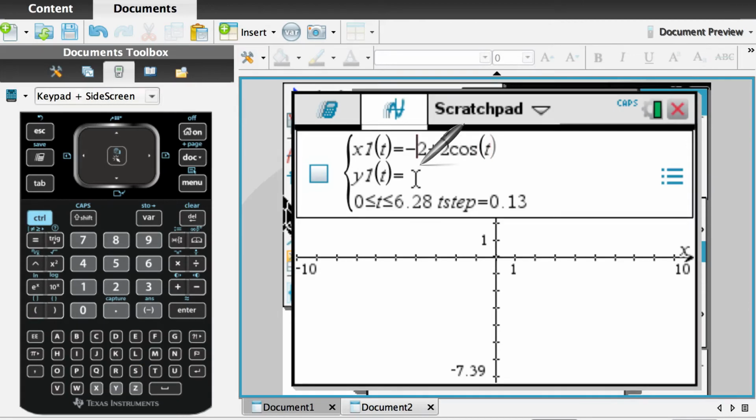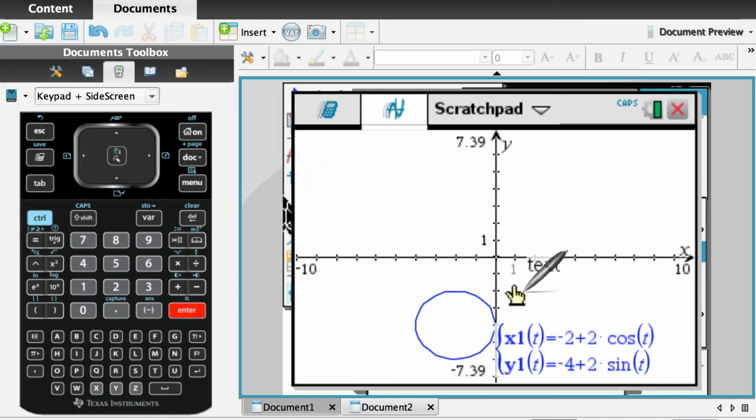And then our y was -4 plus 2 sine of t. And if we let our angle or our time go from 0 to 6.28, well, 6.28 is 2 pi. So it should make an entire circle, which it does. So there's our circle. It's a little jagged right now, but that's okay.